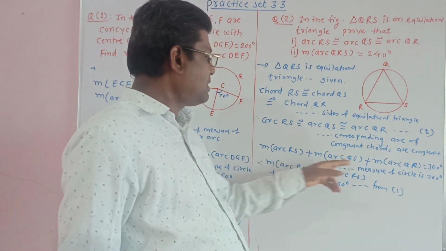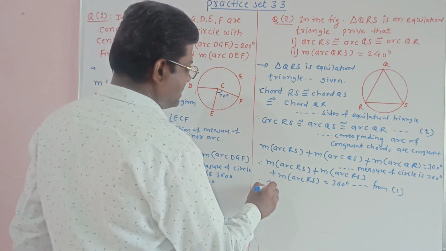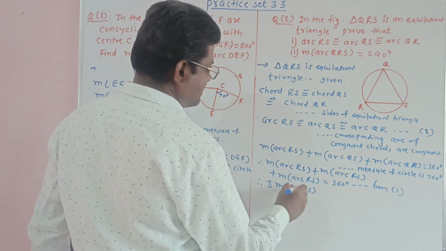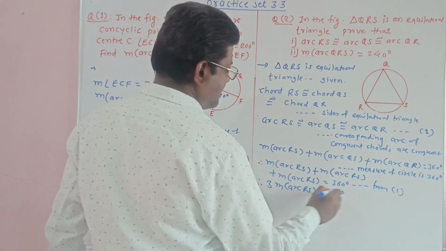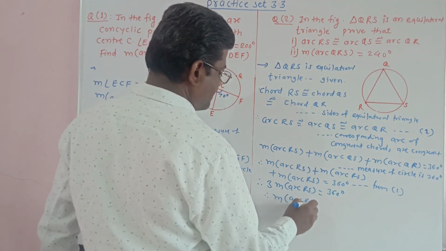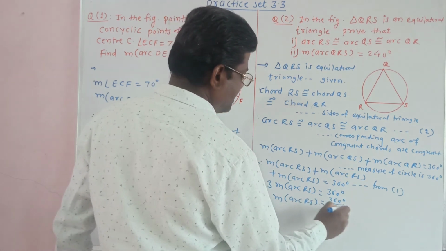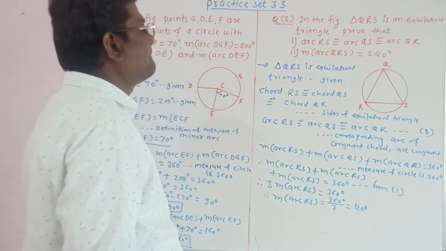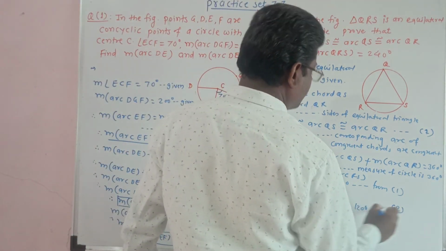So all equal to RS. Therefore 3 into measure of arc RS is equal to 360 degree. Therefore measure of arc RS is equal to 360 degree upon 3 is equal to 120 degree. This is equation number 2.